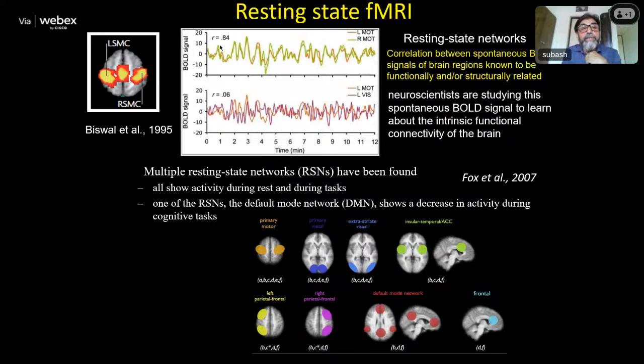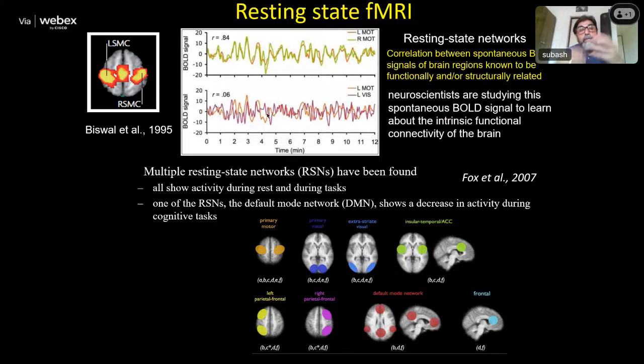He found a very good correlation between the two areas, and the correlation coefficient was almost 0.84, which is a very high correlation between the left motor area and the right motor area. Whereas when he did a correlation between the motor area and the visual areas, there was no correlation between these two areas. Correlation was only 0.06, which is almost no correlation.